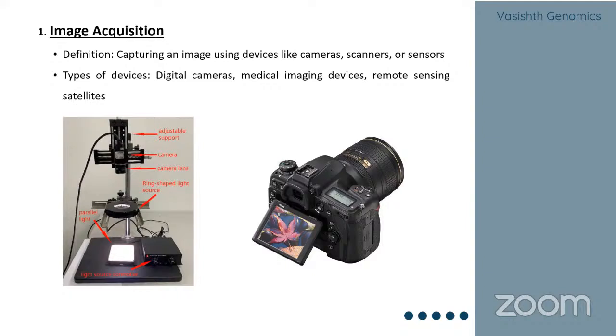And you can actually write proper research papers. Just think about how you can utilize all these things in a wet lab or a biotechnology lab for bioinformatics. Okay, so types of devices: digital cameras, medical imaging devices, remote sensing satellites, etc.